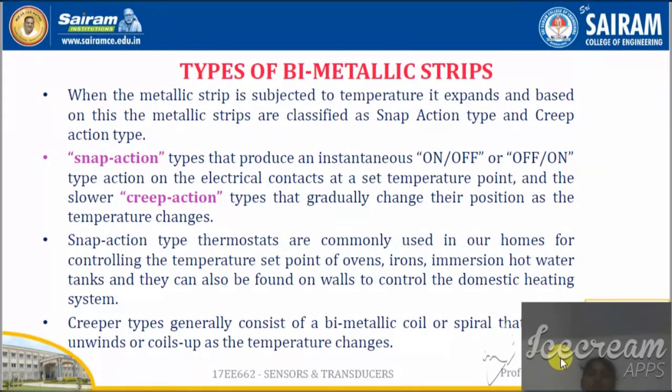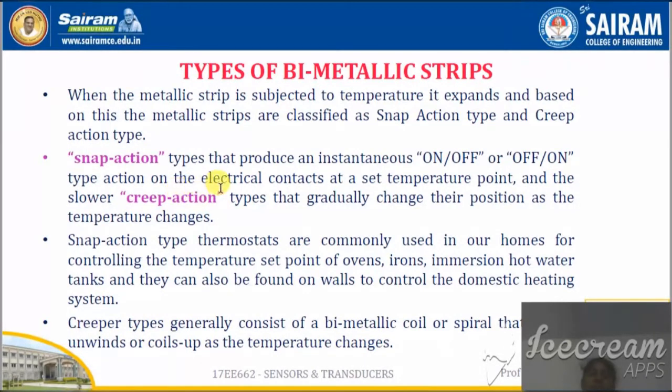Based on this, the two actions happen: snap action and creep action. Snap action is a simple on-off or off-on action of your electrical contact based on the variation in temperature. Whereas creep action is the gradual change in position as the temperature changes. For example, an oven with automatic on-off: once the process is over, it automatically switches off.